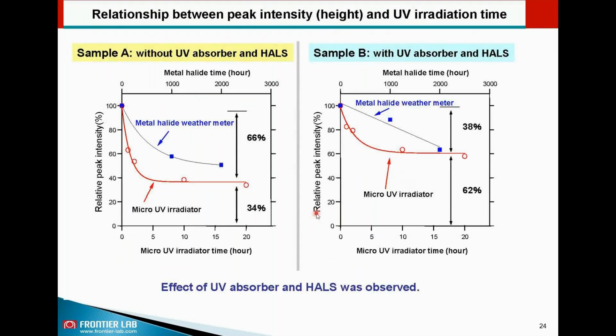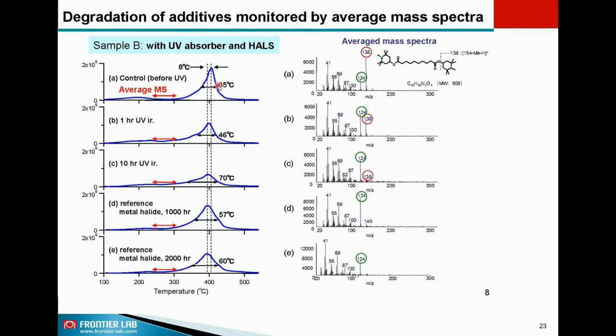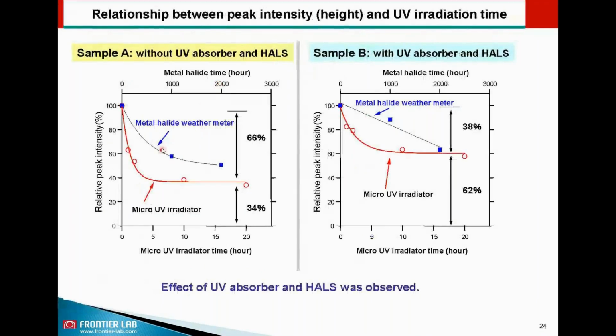So now this slide is again showing the comparison of our micro UV radiator data against the metal halide weather meter. In terms of the data, because it's calculated from the EGA that I have shown, we have just calculated the peak area, then seen the reduction in peak area.